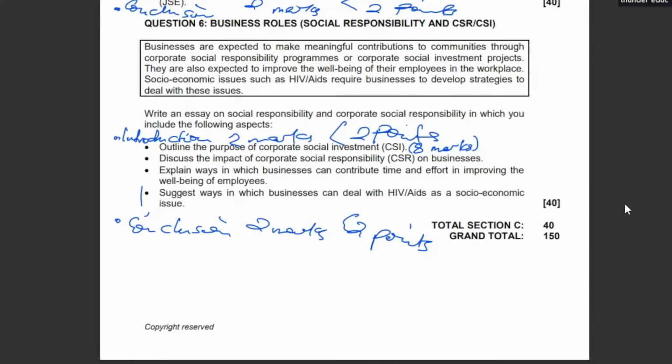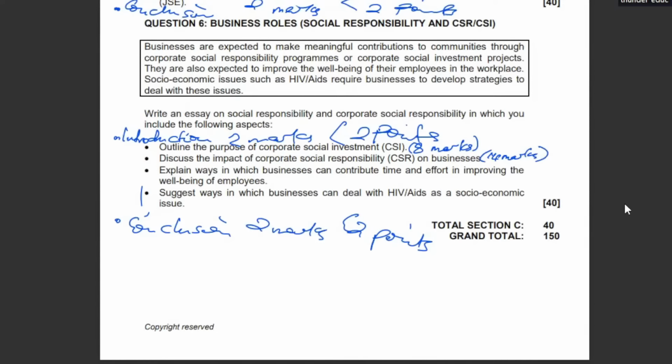Okay, right. So now let's check the second bullet where you are expected to discuss the impact of corporate social responsibility, and the marks here are 14, meaning you're expected to come up with how many points?